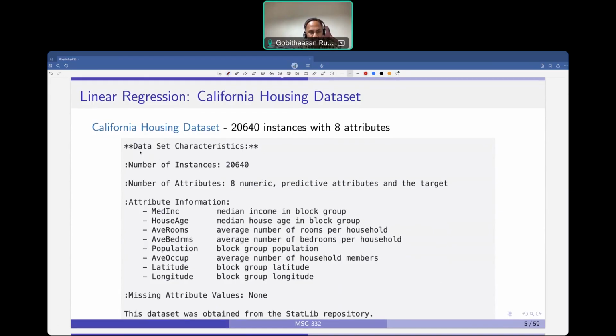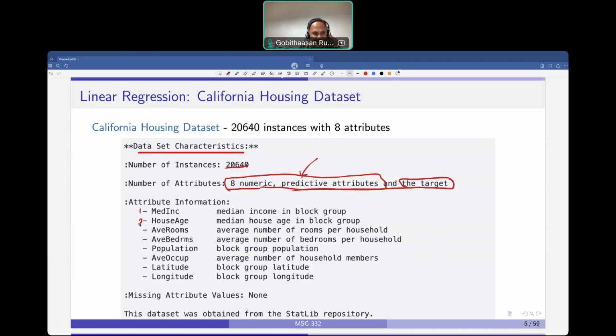Of course, they will explain to you the type of data and the content, number of instances, number of attributes, predictive attributes, and target. Okay, so now 8 numeric predictive attributes. They have 8 features and then 1 target.